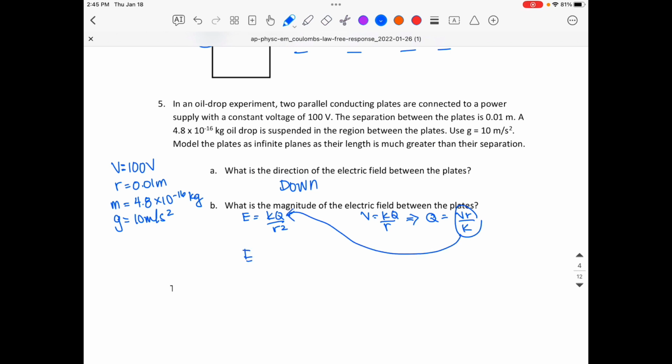That simplifies the equation quite a bit. The K's cancel out and one of the r's cancels out. So V over r is going to equal 100 volts over 0.01, and that gives us 10,000 newtons per coulomb for our electric field.